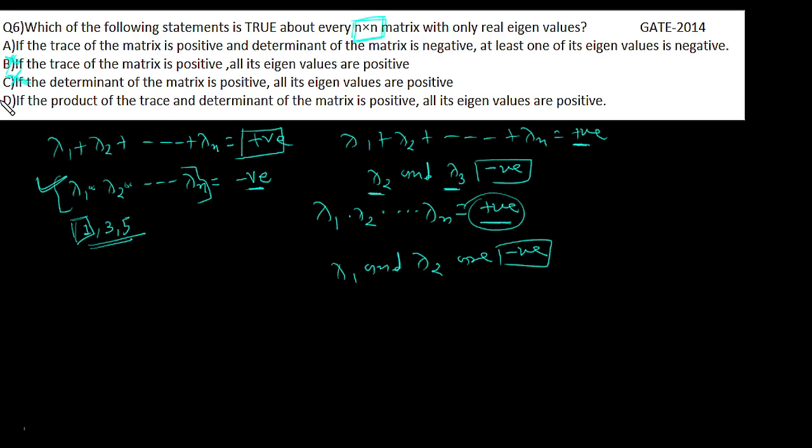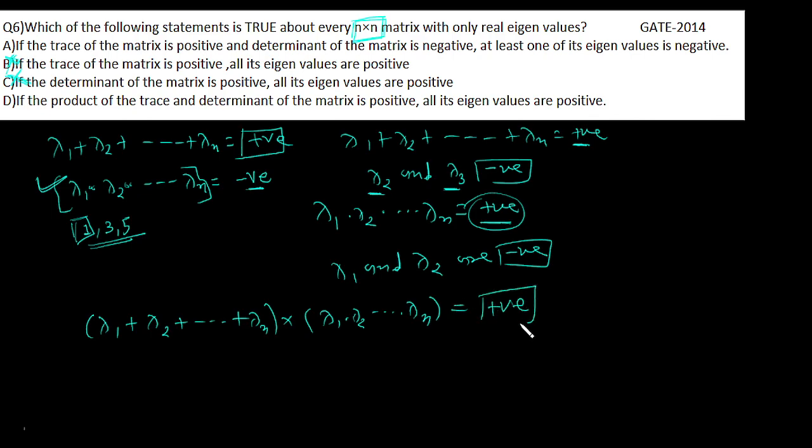So let's check option D. If the product of the trace and the determinant of the matrix is positive, then all its eigenvalues are positive. They are saying that if the sum of all these n values multiplied with the multiplication of all these n values is a positive number, then all its eigenvalues must be positive.